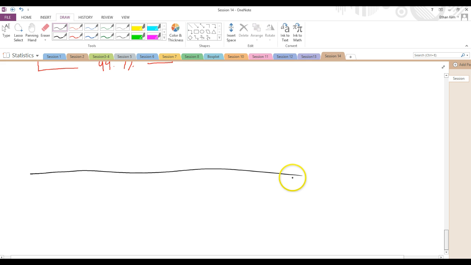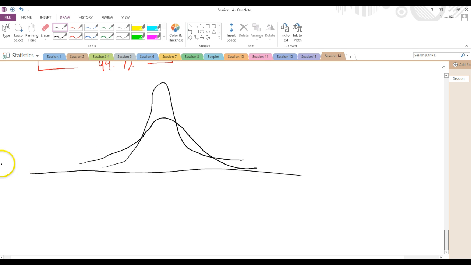So these are some curves, and I know my graphs are not looking that great, but they all have the same mu.